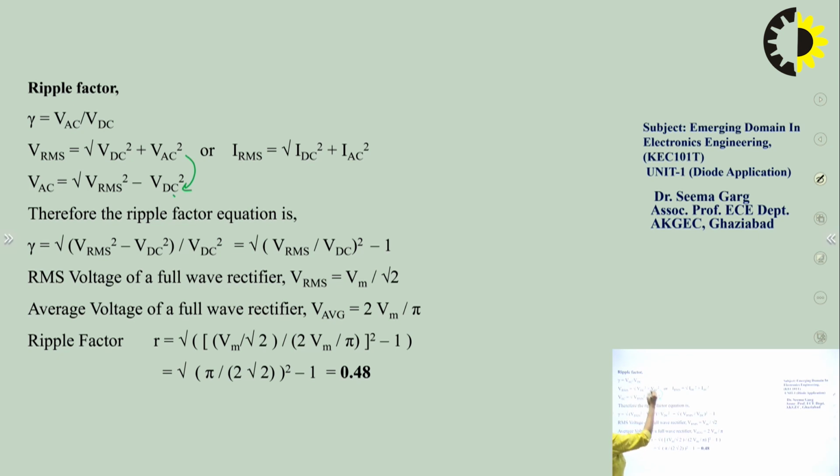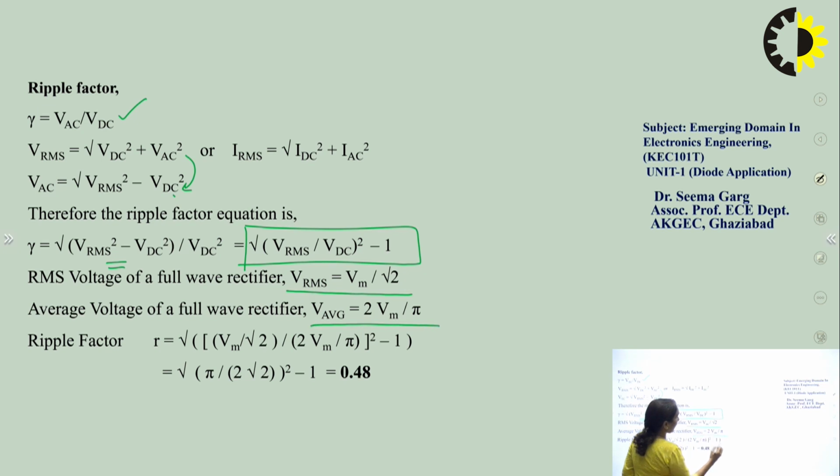Keeping this value in the equation and dividing the whole equation by VDC, we get the formula of the ripple factor, that is the square root of (VRMS by VDC) square minus 1.